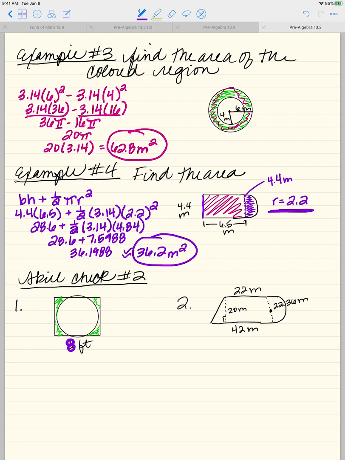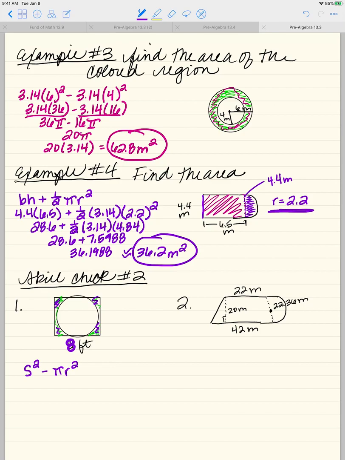So what we're going to do is find the area of the square, so s squared, and we are going to subtract the area of the circle because all we want are these colored parts. So side squared minus the area of the circle, which is pi r squared.